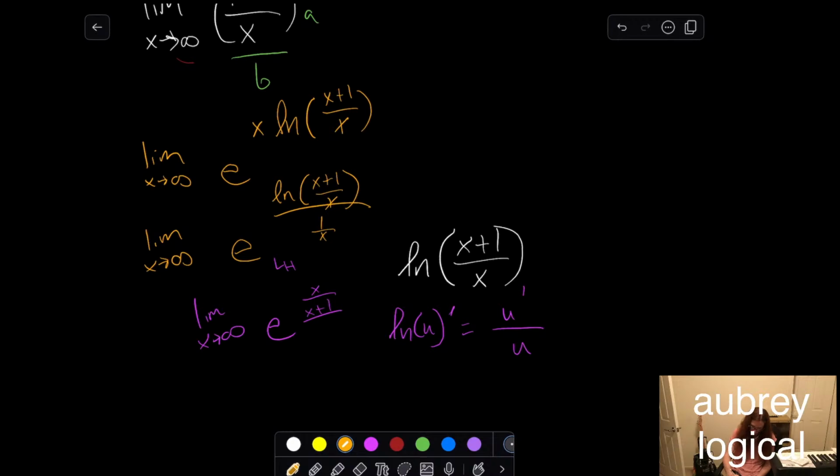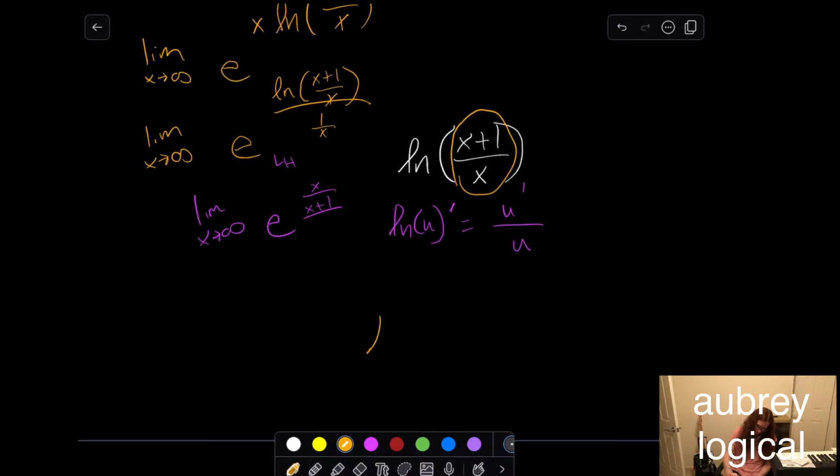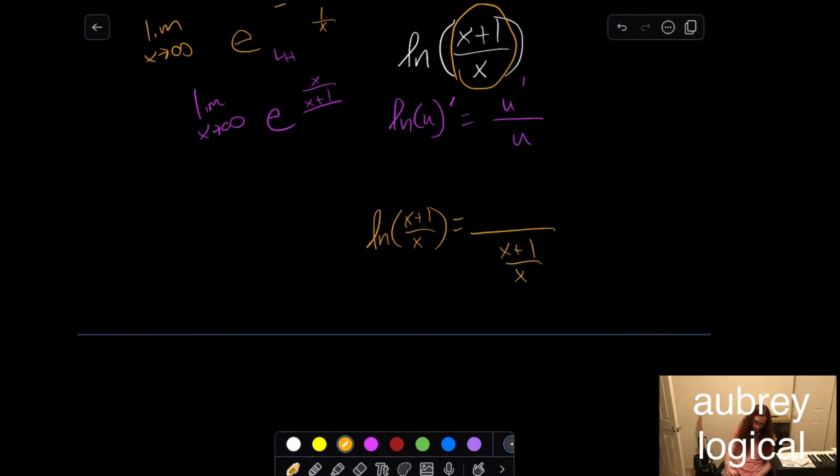So u is going to be this expression. So the ln of x plus 1 over x is equal to, well, we know it's going to be x plus 1 over x on the bottom. And let's see, u prime.